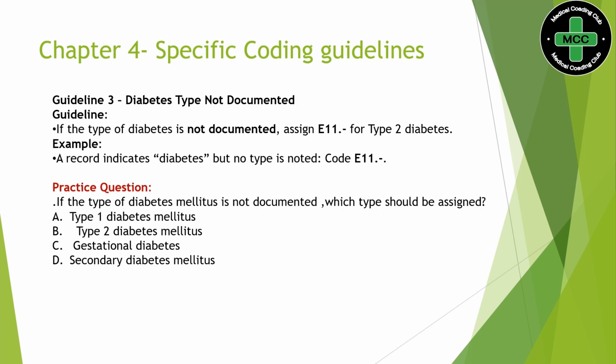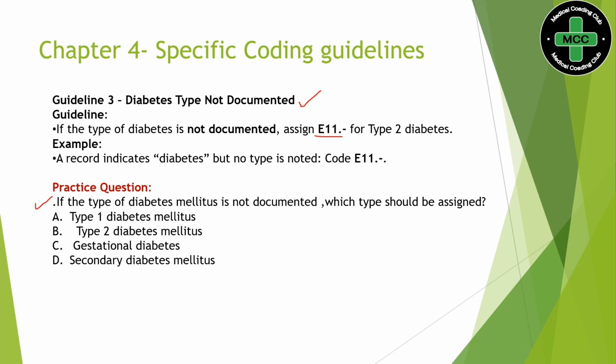Next coding guideline is regarding diabetes type not documented. We have one default guideline here. In the scenario, if the provider is not specifying whether the patient has type 1 diabetes or type 2 diabetes, by default we should select type 2 diabetes mellitus. We have to go to the E11 category.